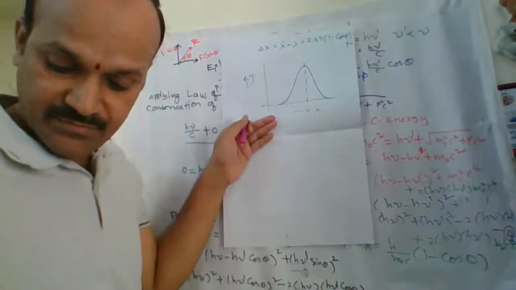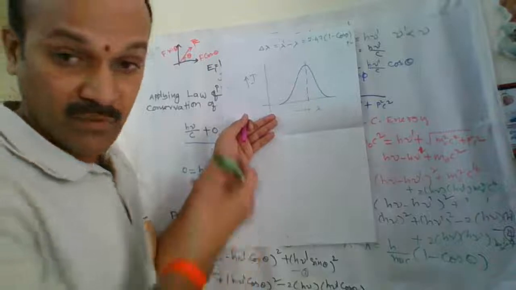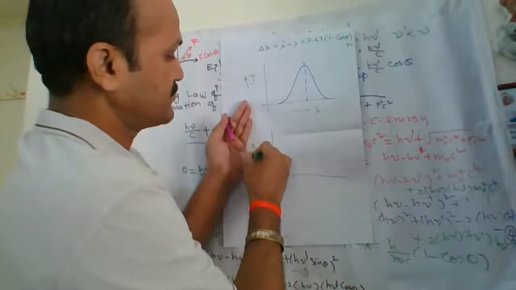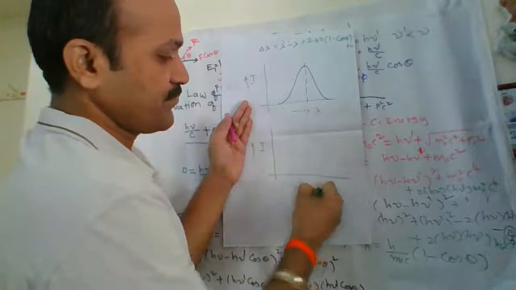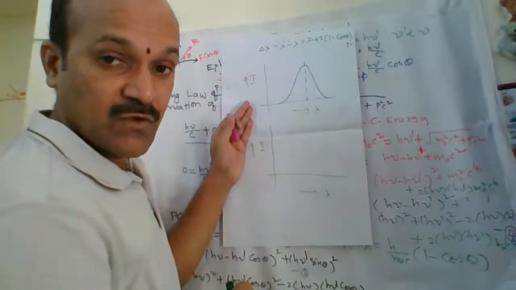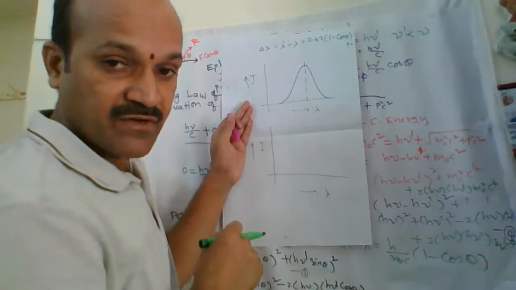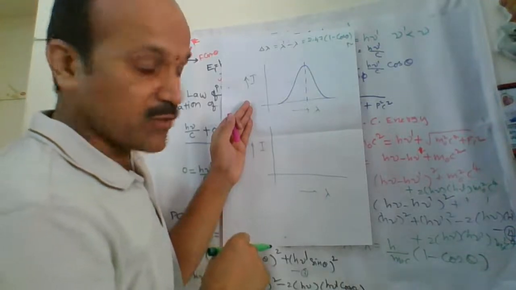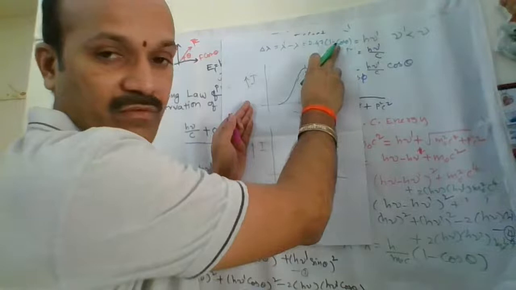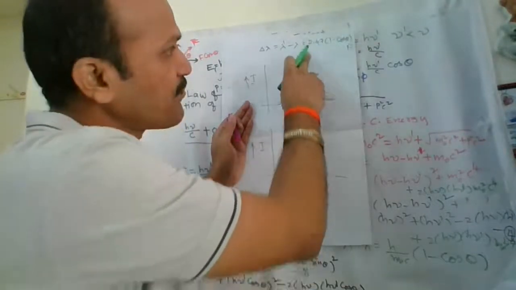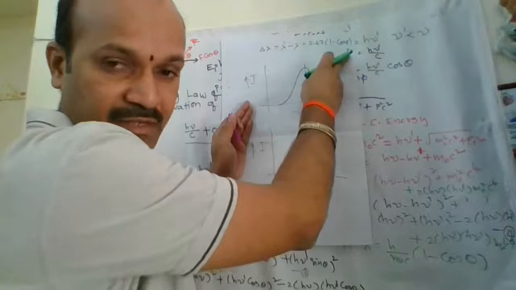You have only one single value. Similarly, one more graph. Let us take theta equal to 90 degrees or theta equal to 45 degrees. Cos 45 is 1 by root 2. 1 minus 1 by root 2, around 0.3 something you will get, into 2.427.